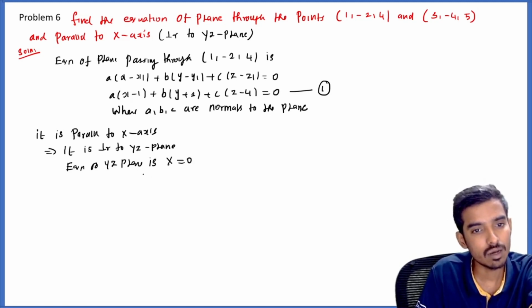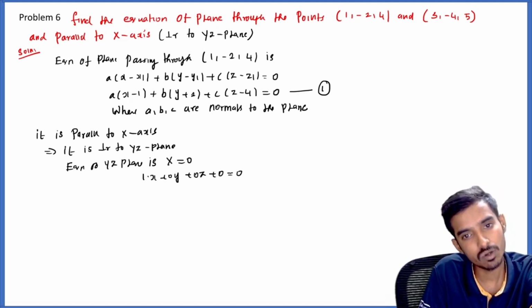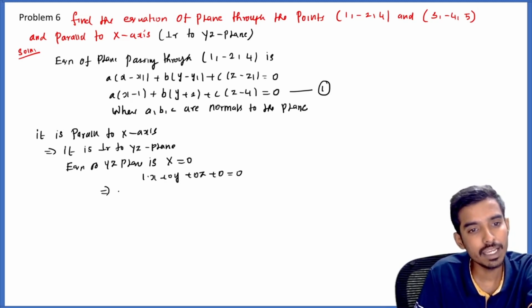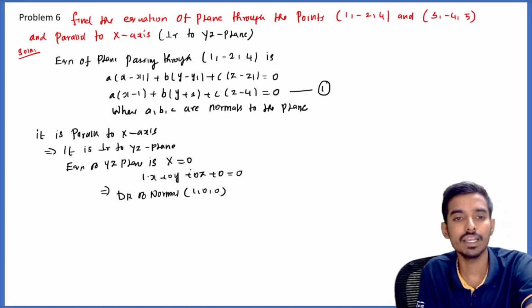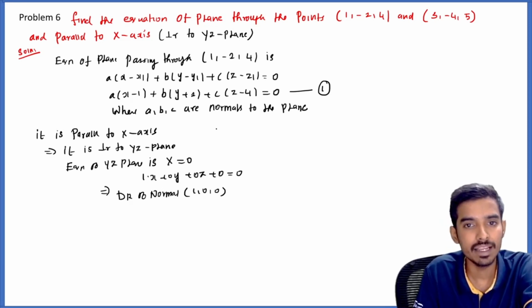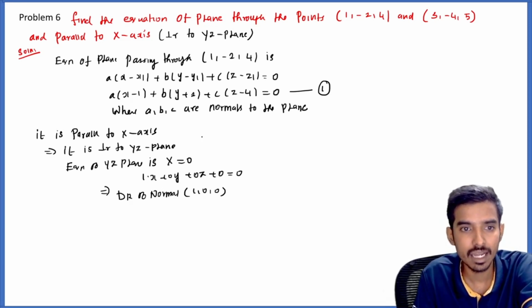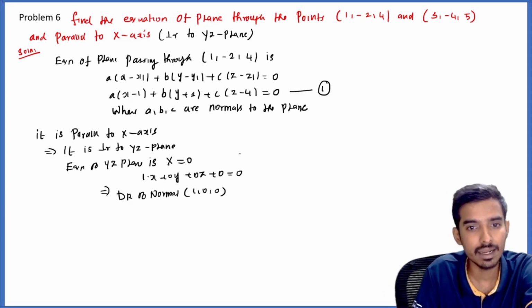That means 1 into x plus 0 y plus 0 z plus 0 is equal to 0. That means this plane has direction ratios of normal 1, 0, 0, right? So since they are perpendicular, that is the required equation and these are perpendicular, right?